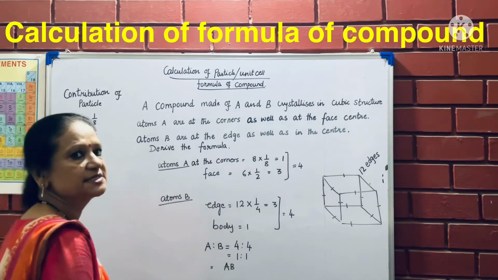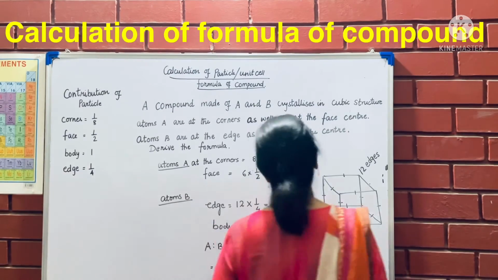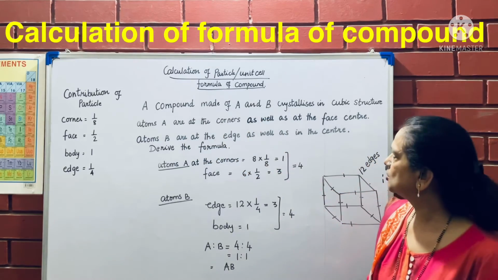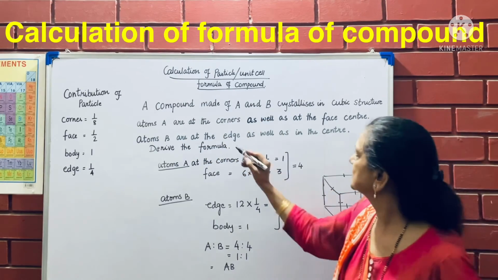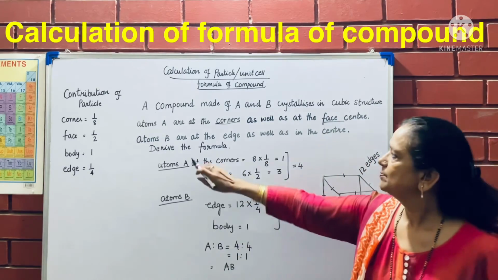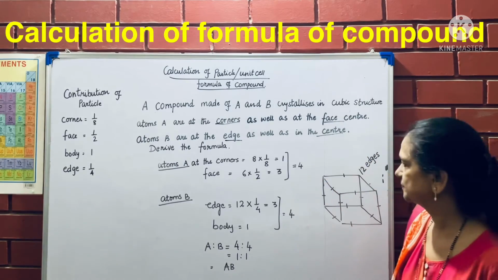So the next question says a compound is made up of A and B. It crystallizes in cubic structure. Atoms A are at the corners as well as at the face. They are at the corners and at the face. B are at the edge and also in the center.